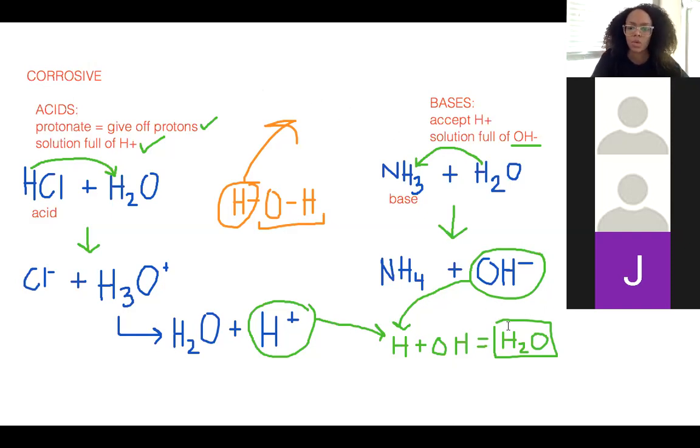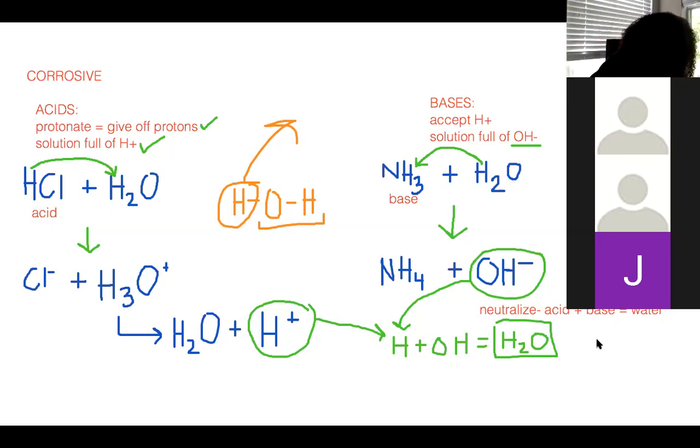We're going to be talking about that more in 2 classes from now, but we describe this as saying they neutralize each other. We have an acid, we have a base, and we get water. I don't know if y'all think that's cool, but I think it's super cool. Any questions about this? No.